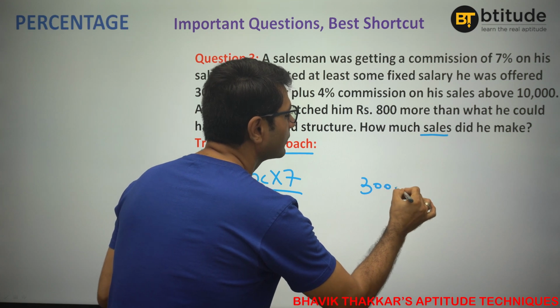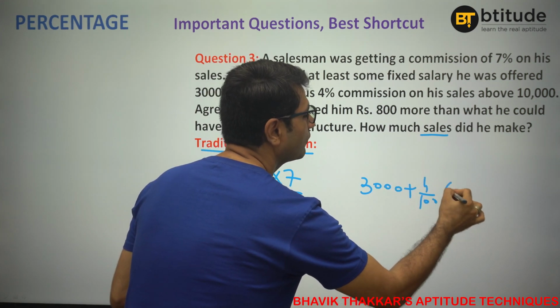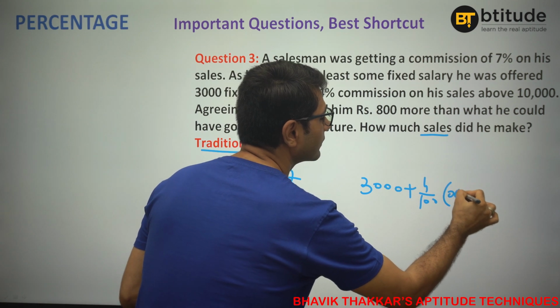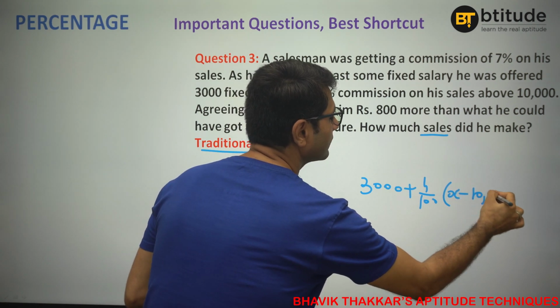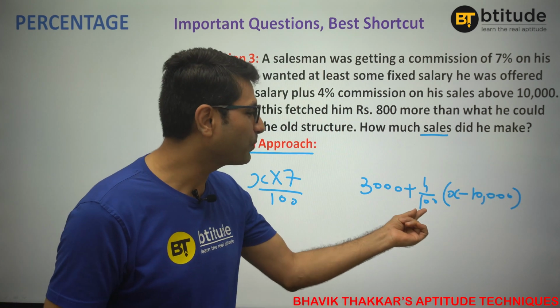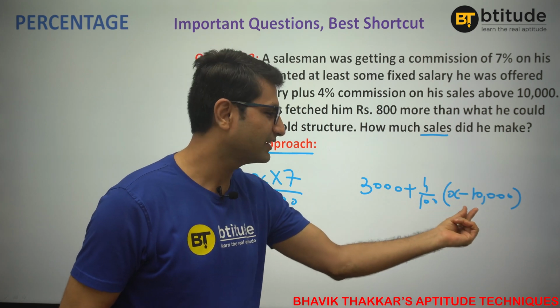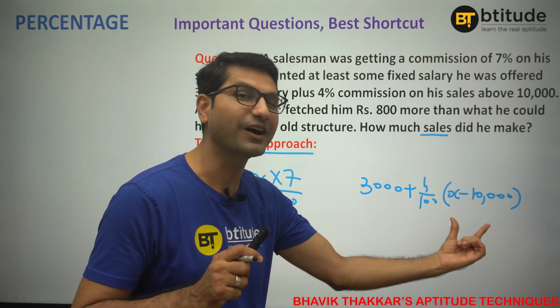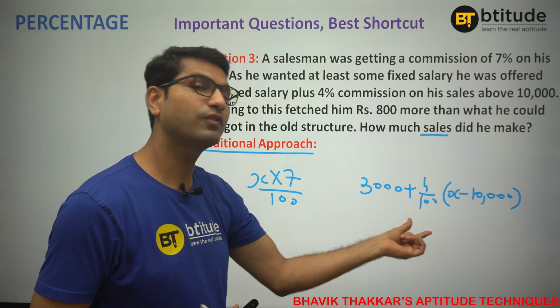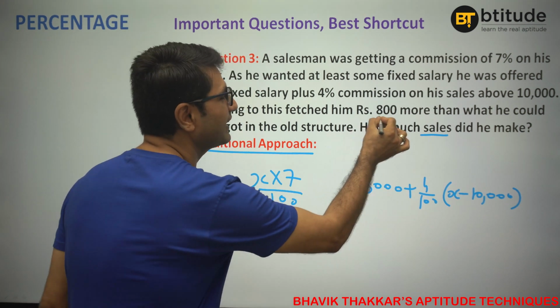3,000 plus 4% of X minus 10,000, right? Just understand this, minus 10,000, because he is going to get 4% on his sales above 10,000. So whatever his sales is, deduct 10,000, that is your sales above 10,000, 4% of it plus 3,000. So this is what he is getting, and because of this he is getting 800 more.